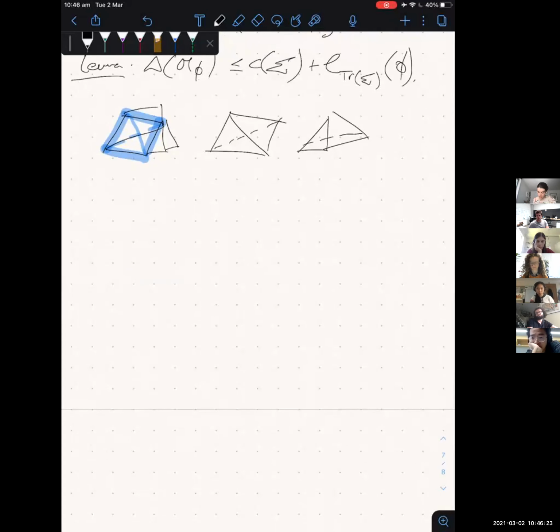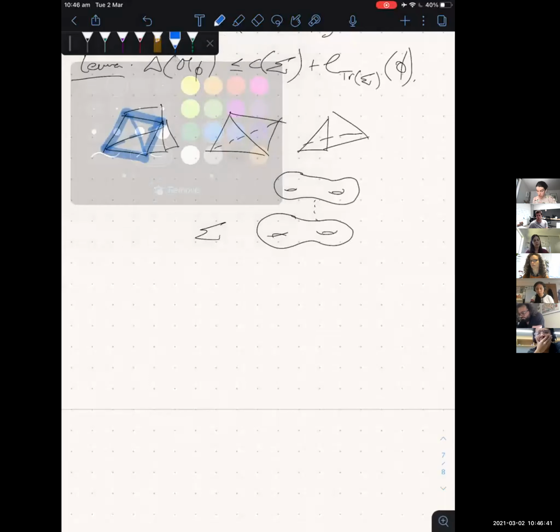So we're going to start by taking my surface sigma, and we're going to find some triangulation of sigma cross interval where our induced triangulation on the top and bottom are the same.